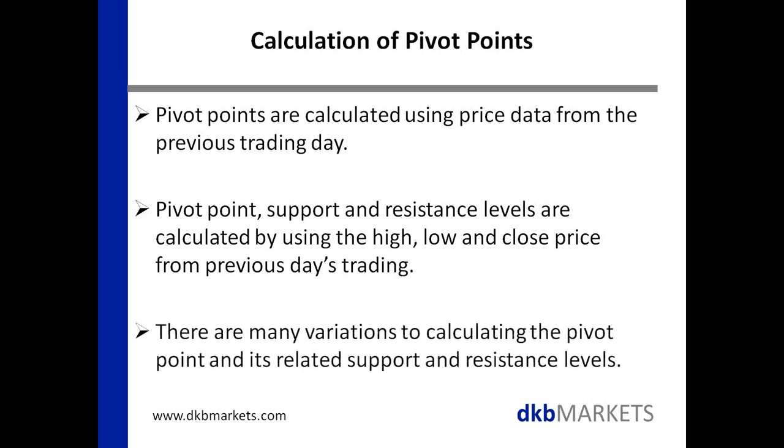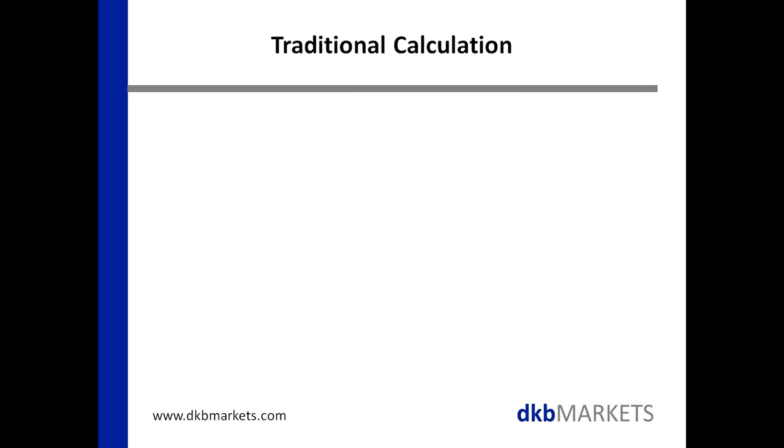Now, there are many variations to calculating the pivot points and its related support and resistance levels, but the most widely and commonly used one is the traditional calculation. To calculate the pivot point, or P, you add the highest price from the previous day's trading, plus the lowest price from the previous day's trading, plus the closing price from the previous day's trading, divided by 3, and that will give you the pivot point.